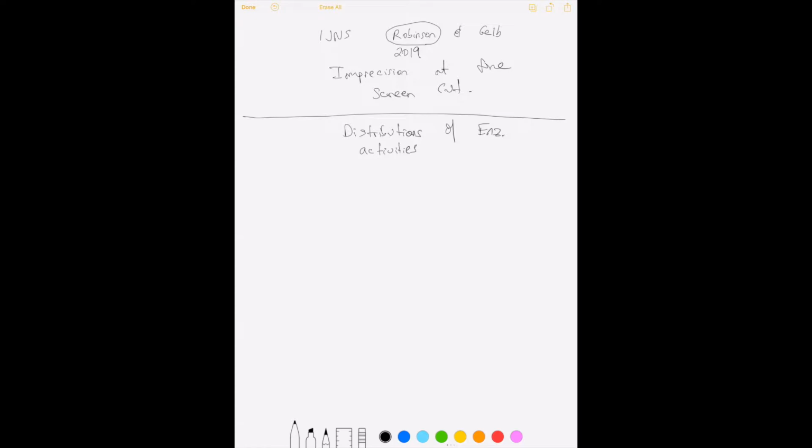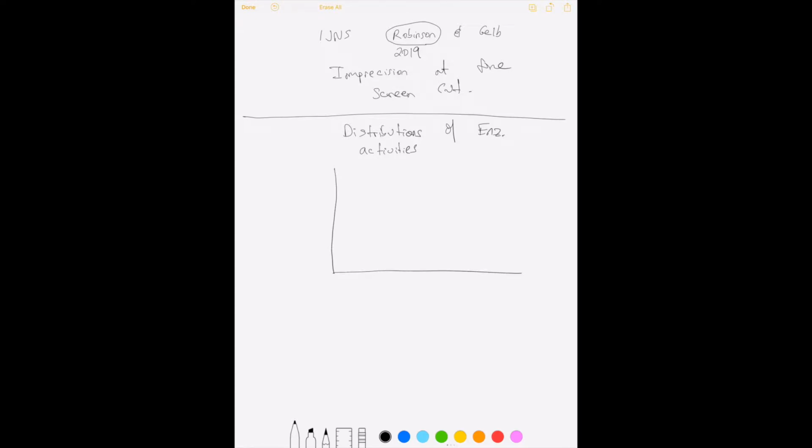So let's say we screen 100,000 newborns using some platform, mass spec, for example, and we plot the population distribution of the activities. The way we do this is by binning.